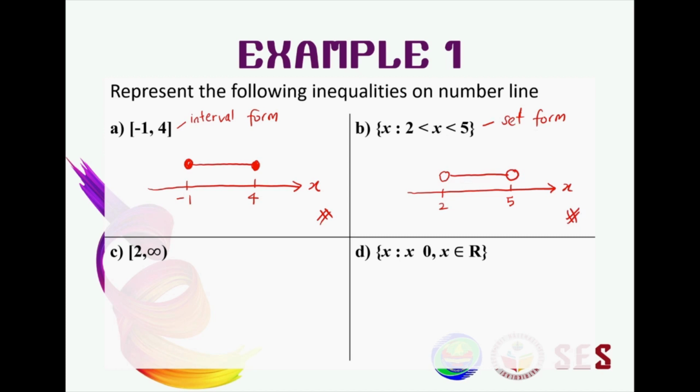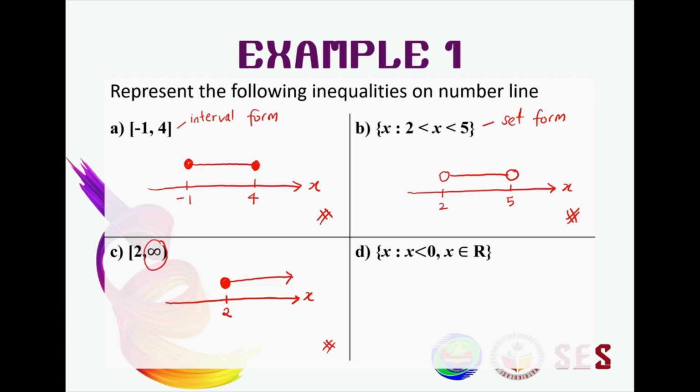Question C, we want 2 until positive infinity, meaning from 2, black circle, are we going to the right or to the left? This is positive infinity, and positive infinity is on the right, so the direction is to the right. Done. Question D, set form, we want x is less than 0, x subset of real number.